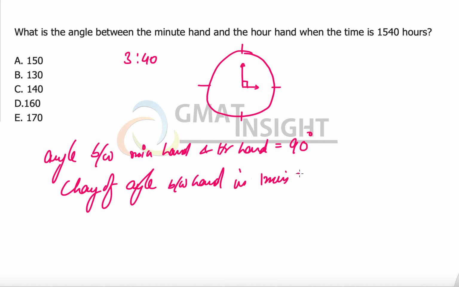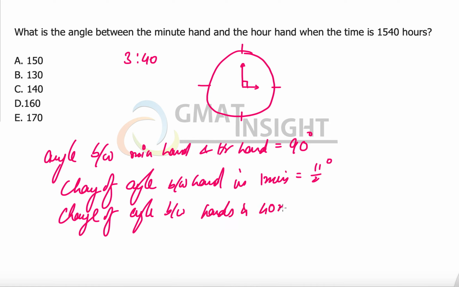We already have seen that is equal to 11 by 2 degrees, whereas what we have to find out is the change of angle between hands in 40 minutes, because after 3 o'clock we have to take the clock to 3:40. So in 40 minutes the change of angle will be 11 by 2 multiplied by 40, that is equal to 20 into 11, so 220 degrees.